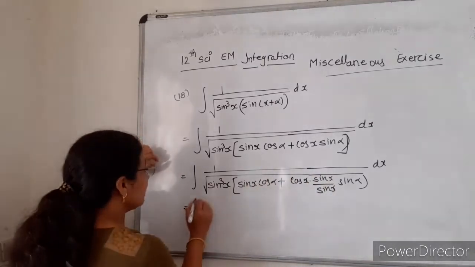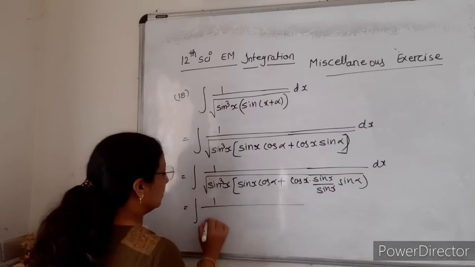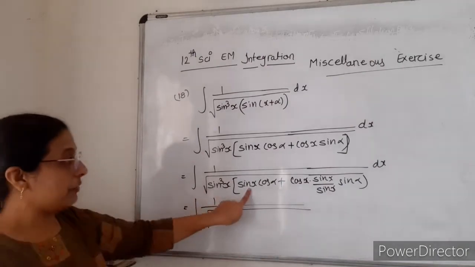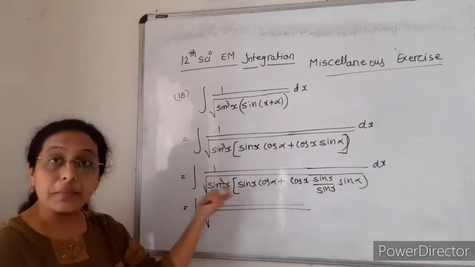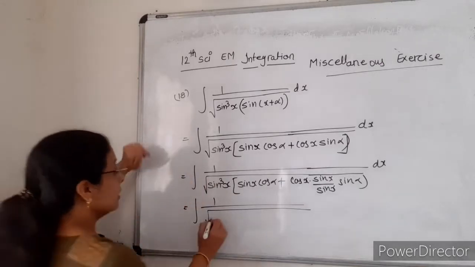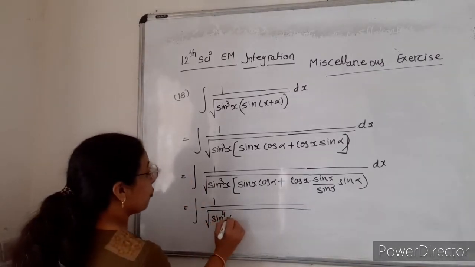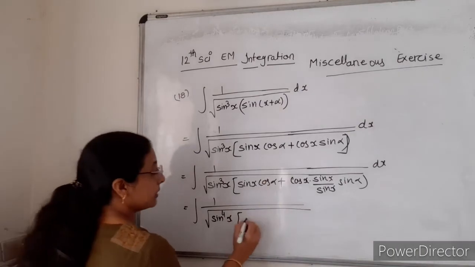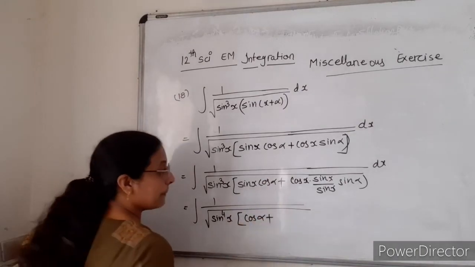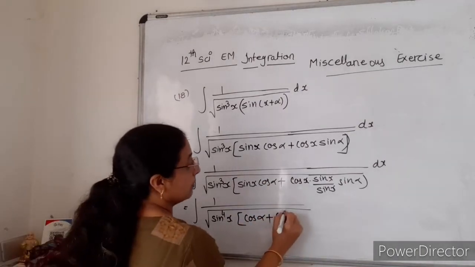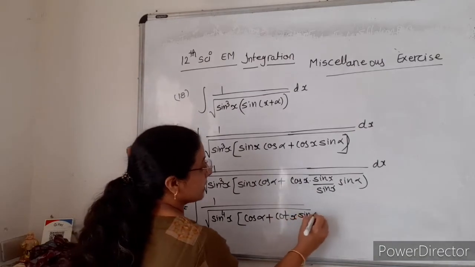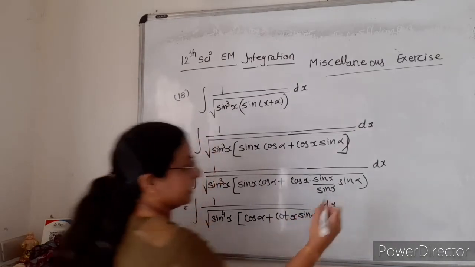So what is that? 1 upon, if you take this sine x common from the bracket, it will become sine raised to 4x. Here it is cos alpha plus cot x into sine alpha dx.